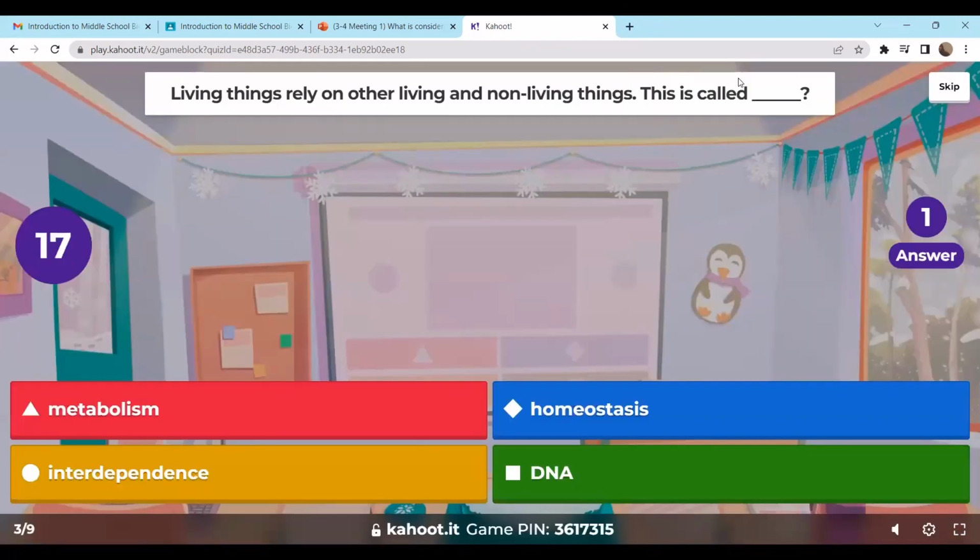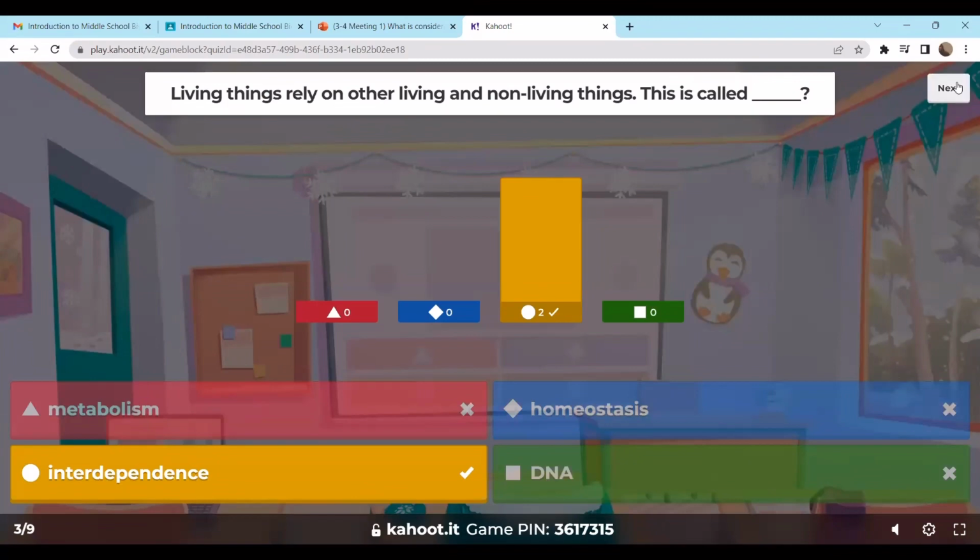I think this one is what I was describing in the first question.